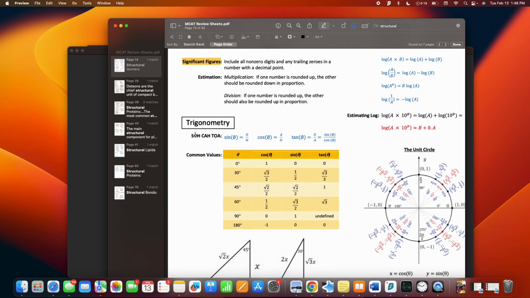Trigonometry. SOHCAHTOA: sine is opposite over hypotenuse, cosine is adjacent over hypotenuse, and tangent is opposite over adjacent.